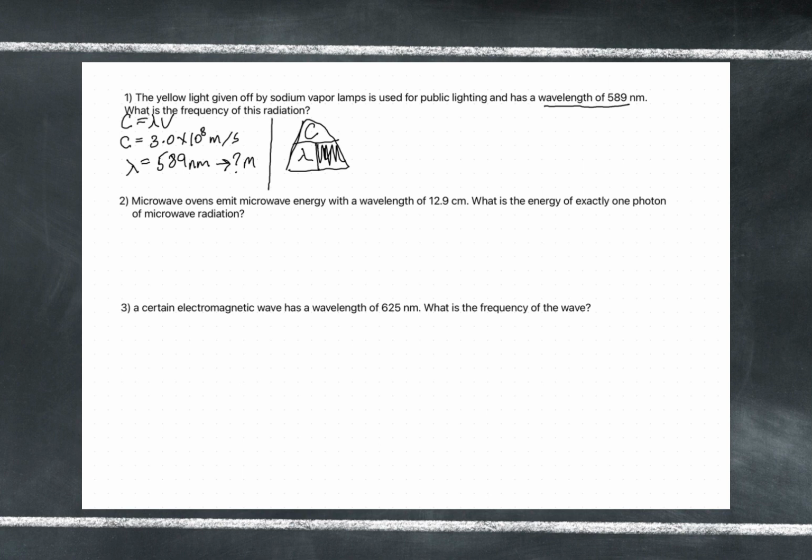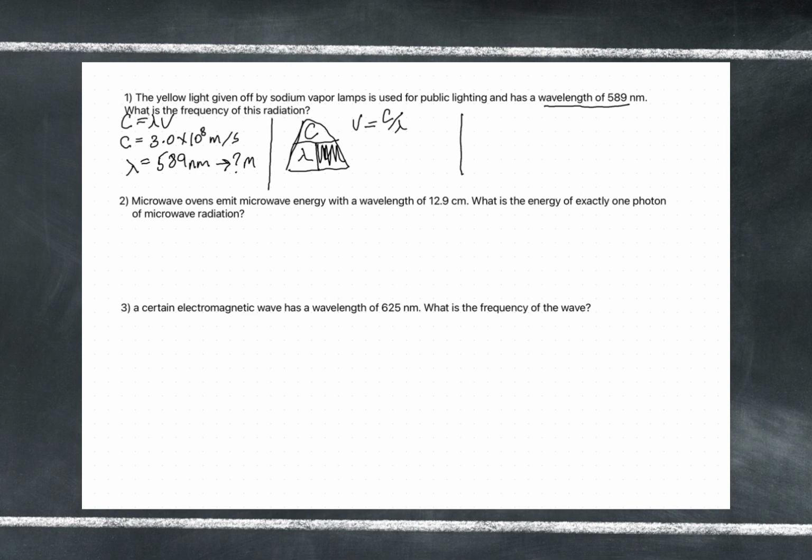That gives us c, speed of light, over wavelength. So now we have our formula. We have frequency equals c divided by wavelength. Now we got to get everything into appropriate units.